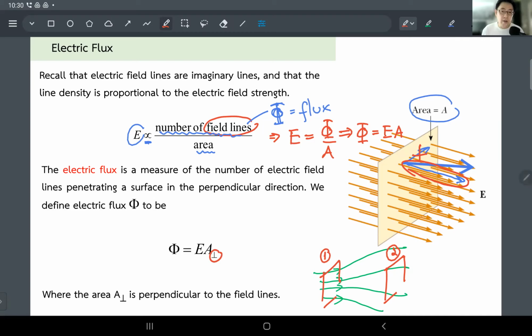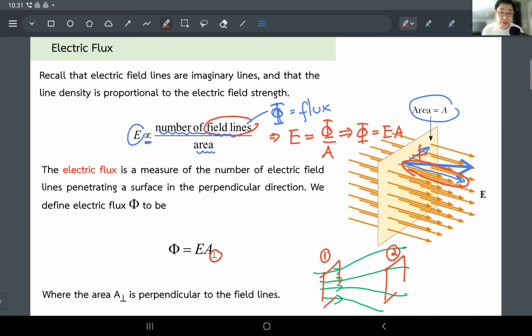So you think of this as taking the electric field, multiplied by the surface area, that's not a vector yet, just the surface area that has the orientation perpendicular to the electric field. Cool? The one that is parallel to the field lines will not be taken into account. Nice.